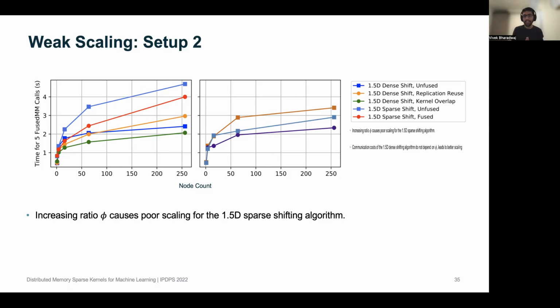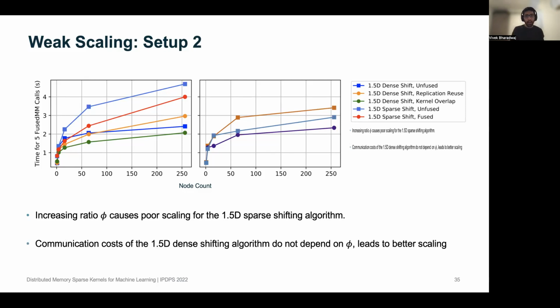We see the 1.5D dense shifting algorithms winning out precisely because it is successively more difficult to shift the sparse matrix. And finally, the communication costs of the 1.5D algorithm don't depend on this value phi, which is successively doubling, affecting the performance of our 1.5D sparse shifting algorithms, yielding better scaling overall.